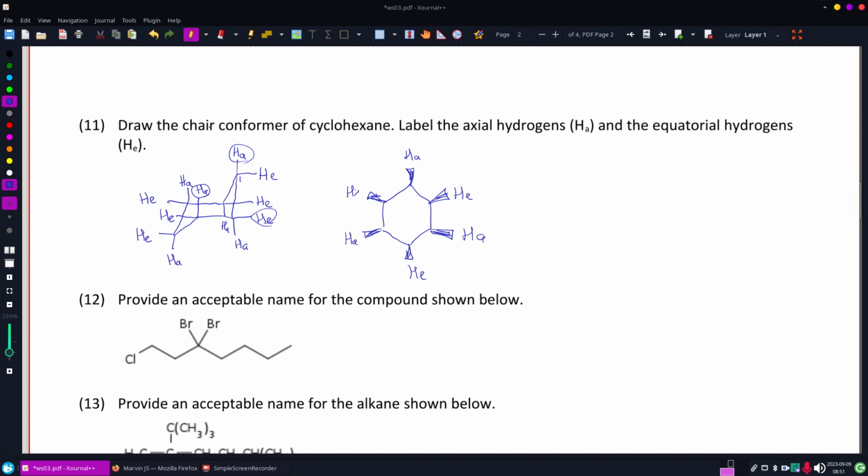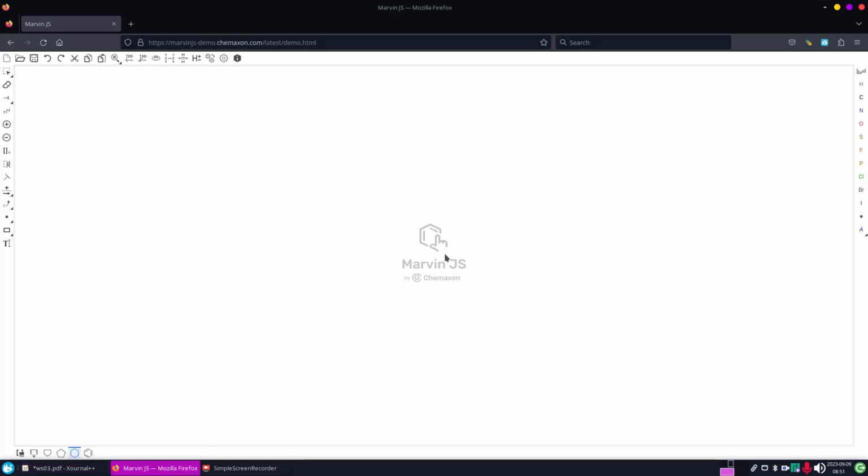Alright, to show you this, rather than draw it as a drawing, I'm going to bring up cyclohexane in Marvin. Now what I want to do to actually get this all done is add some things to it. So you know how Marvin won't necessarily draw us our hydrogens. I'm going to put some things on here.